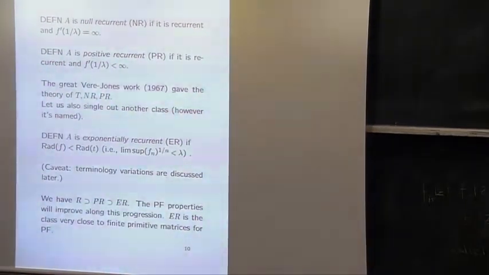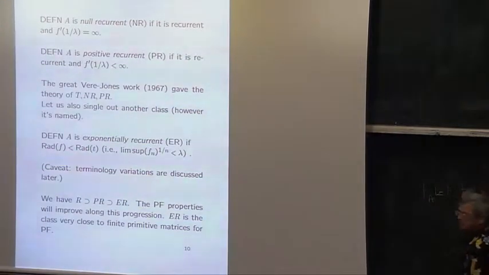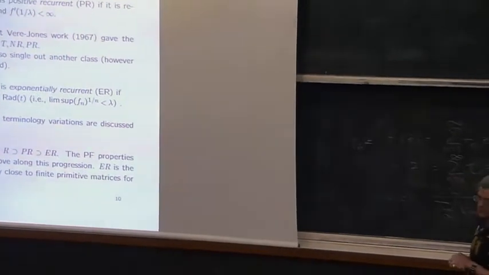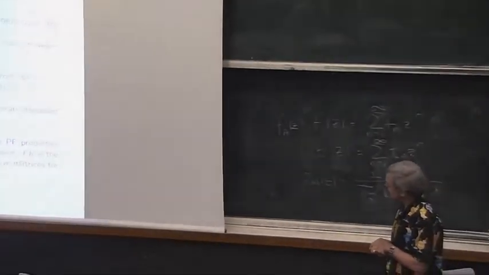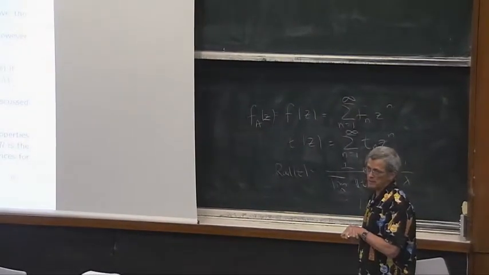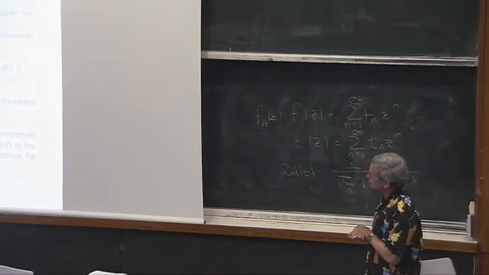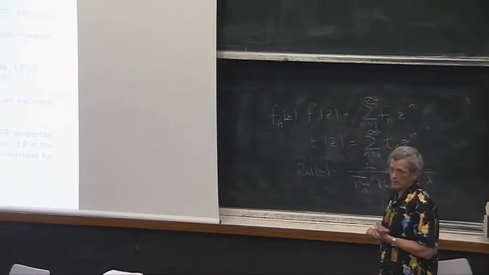So if I take f prime of z, put in 1 over lambda, the series diverges to infinity. And by definition, the matrix A is positive recurrent if it's recurrent and f prime at 1 over lambda is finite.